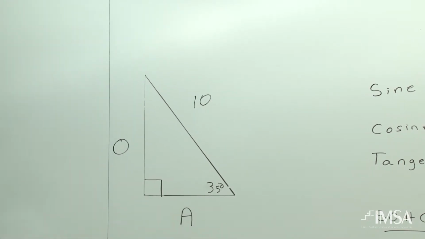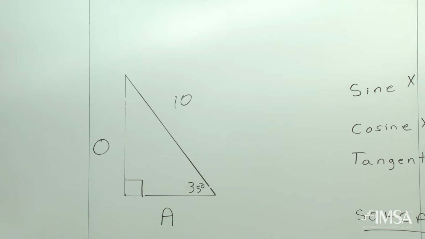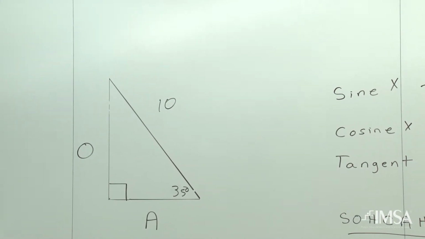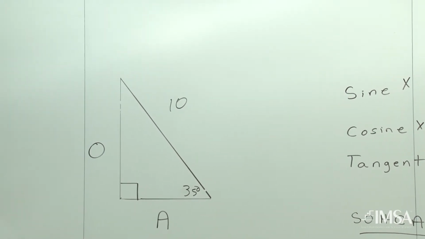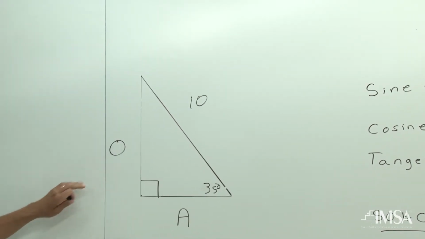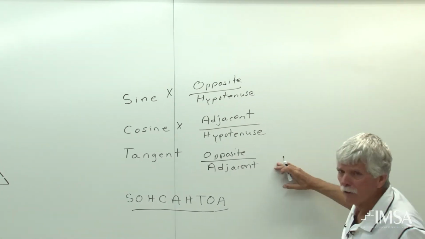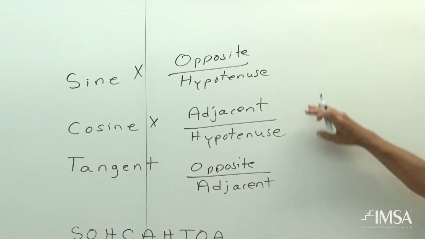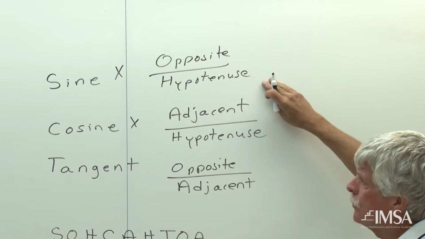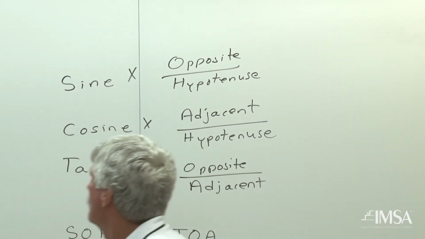Now, what we want to do is find out the length of one of these sides. I'm going to have to find the length of the opposite side. So which of these am I going to use? I'm going to pick one of these three ratios to determine that. So where do I have hypotenuse and opposite that I'm looking for? And let me label this with an X so I know that's what I'm looking for.